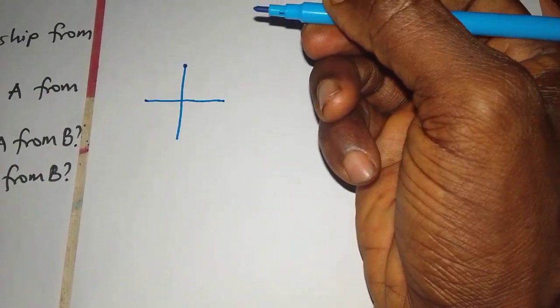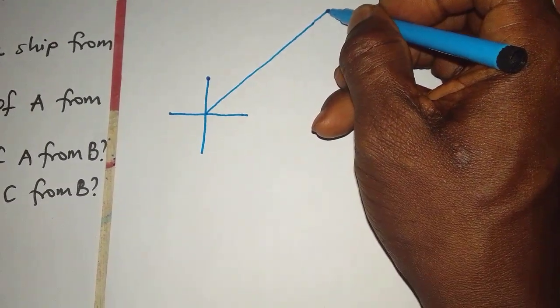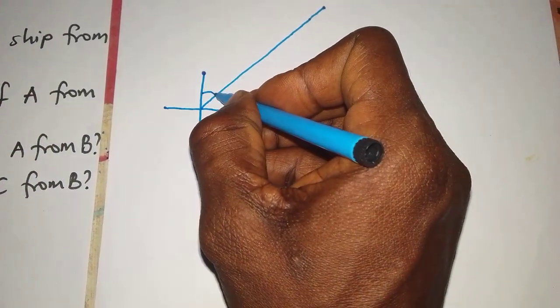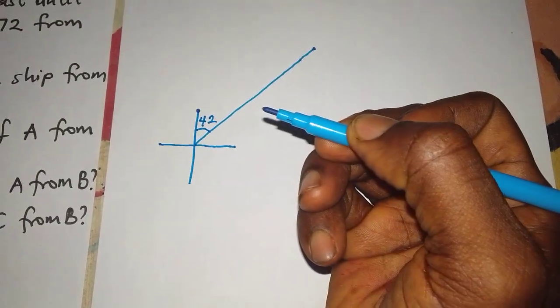So if you draw your 4 cardinal points, you are told that the bearing is 42 degrees. 42 degrees is in the first quadrant. Draw the line here. So from this point is 42 degrees, to where the line is 42 degrees.